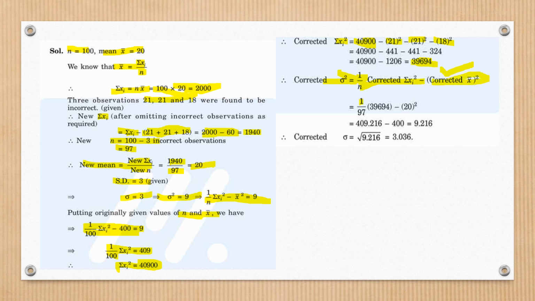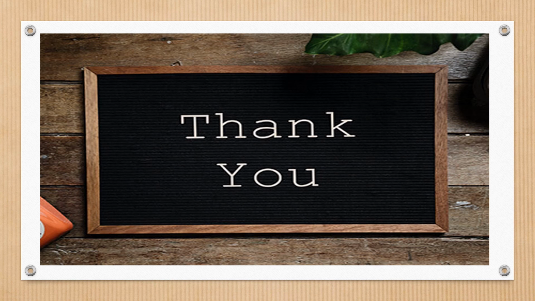So it is 1 upon 97, the number of observations now reduced to 97, times 39694, minus 20 whole square. So it is 409.216 minus 400, which is 9.216. So the correct sigma is root of 9.216, and this is 3.036.